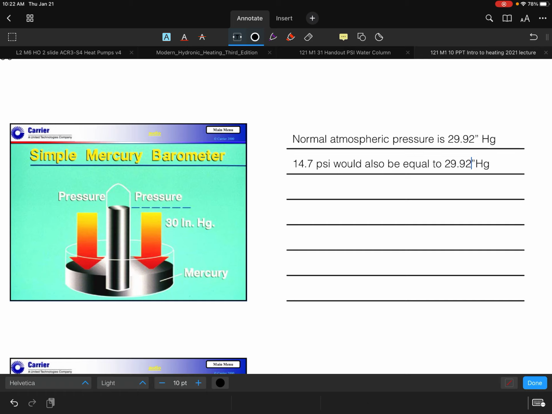Or we could even say, to make it easier math, it's equal to approximately about 30 inches. It's pretty close to that. So 29.92 in that area.